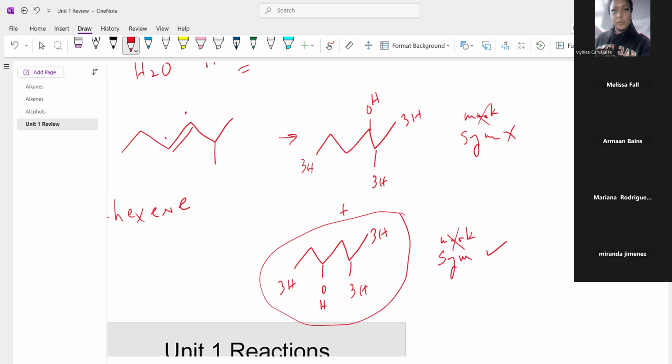Does that help? Yes, thank you. I was just kind of wondering if the symmetry would be favored if they were both on the same side. That's the one that's more symmetry, right? Well, the bottom one's more spread out.